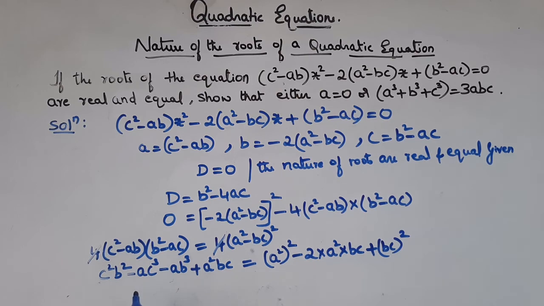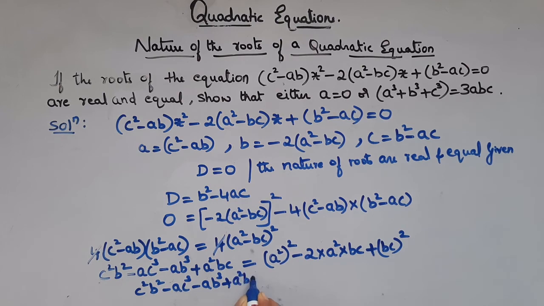So further we will simplify this. So c square b square minus ac cube minus ab cube plus a square bc is equal to, a square to the power 2 is a power 4 minus 2a square bc plus b square c square.